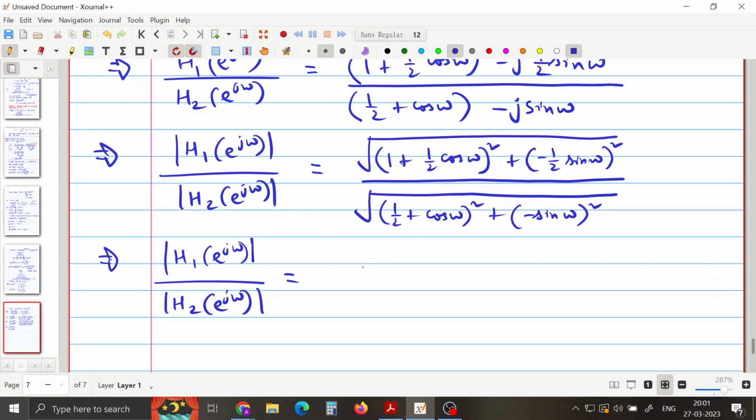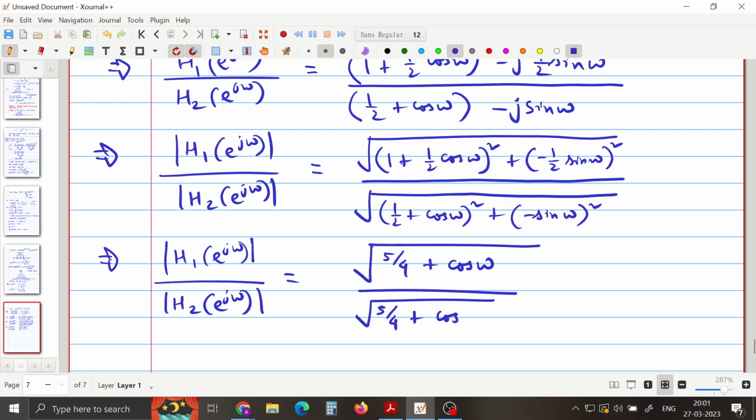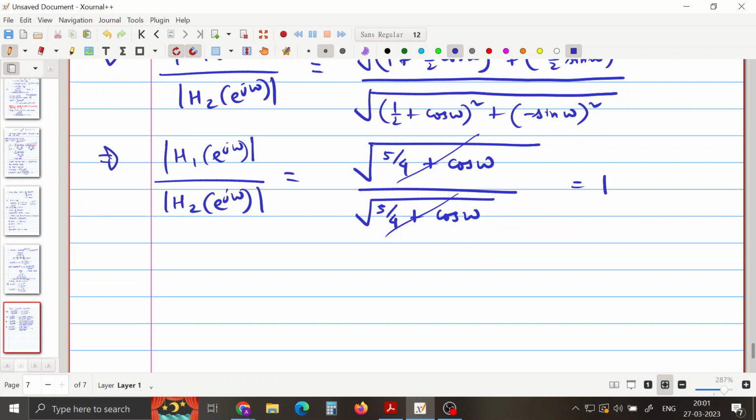This is equal to, if you expand this, you get 5 by 4 plus cos omega, both in the numerator and the denominator, and it clearly gets cancelled. So this is 1. The ratio is 1. Ratio of magnitudes is 1, which of course implies that their magnitudes are equal. So proof.